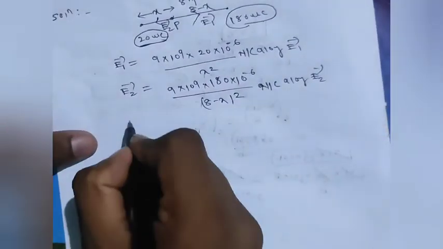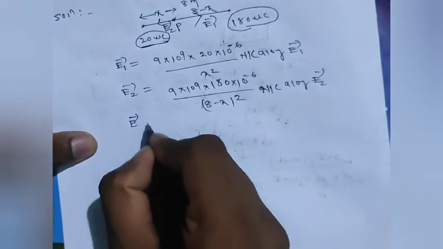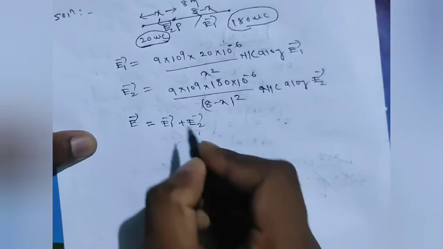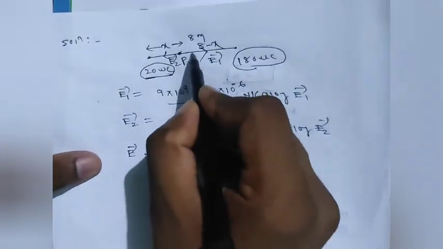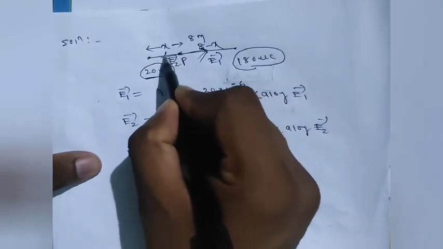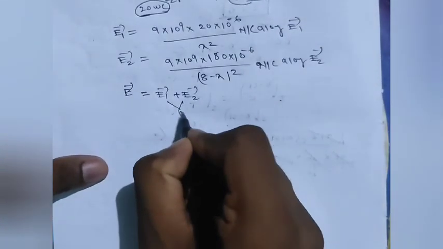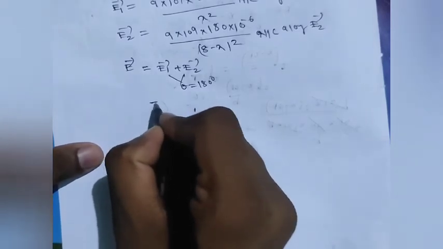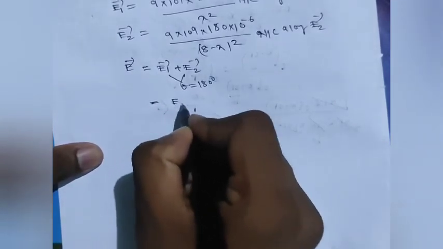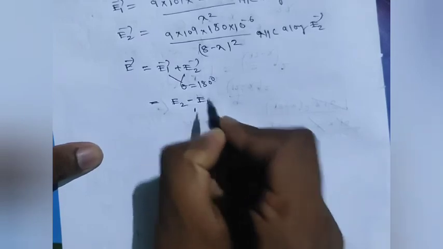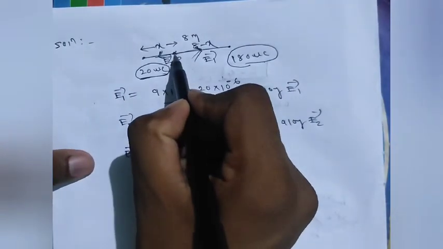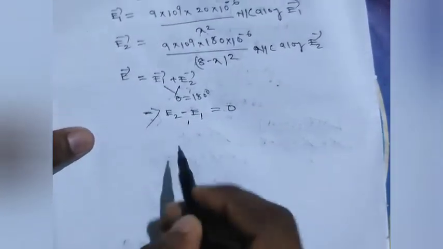So now the net electric field E at point P is the vector sum of E1 vector and E2 vector, and from the figure we can see the angle between E1 vector and E2 vector is simply how much? 180 degrees. So for 180 degrees the resultant electric field is simply the subtraction of two vectors, so E2 minus E1, and initially we considered at P the resultant electric field will be 0, that means E2 minus E1 should be 0.